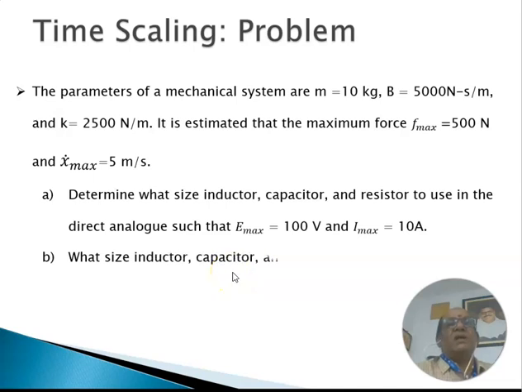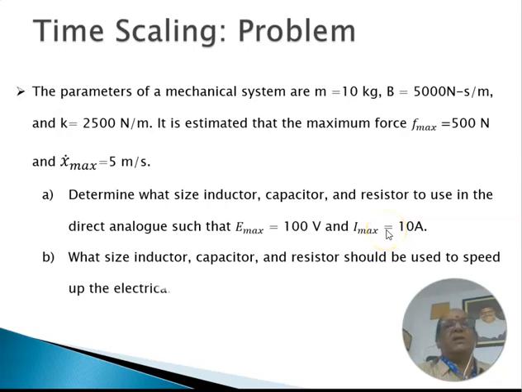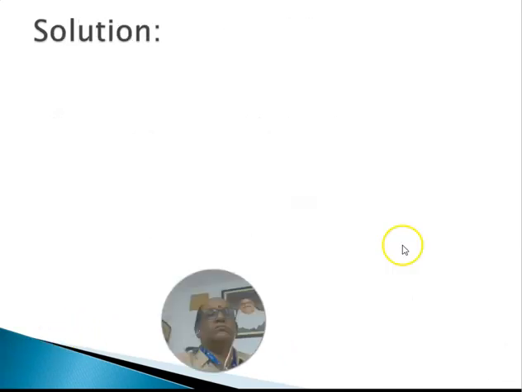We need an electrical analog with maximum voltage 100 volts, maximum current 10 amperes, and we want to find what size inductor and capacitor to use when we want to speed up the electrical analog by a factor of 10. We'll slowly go through this problem.